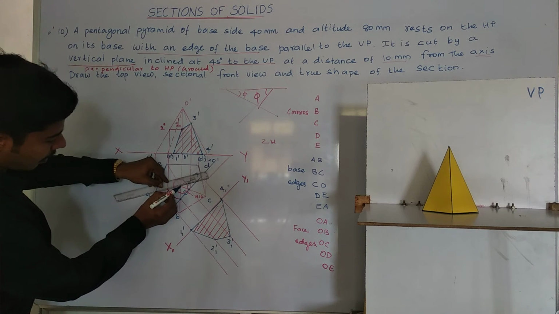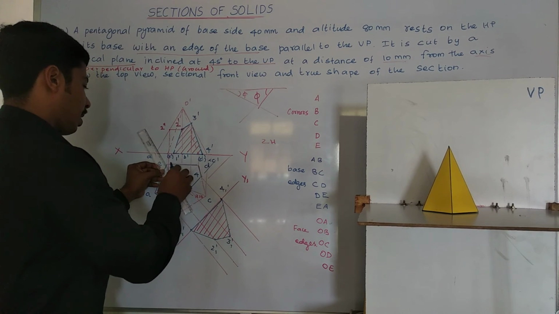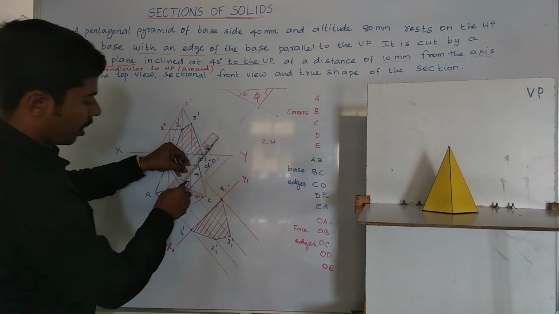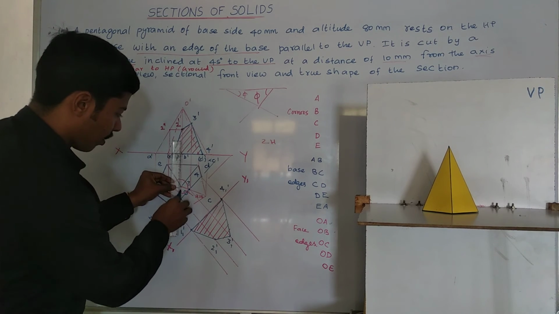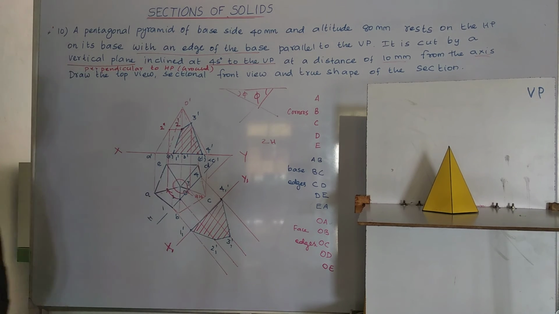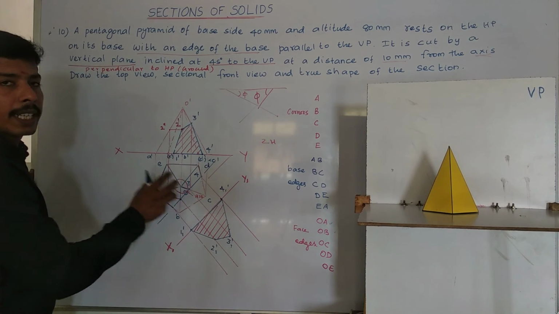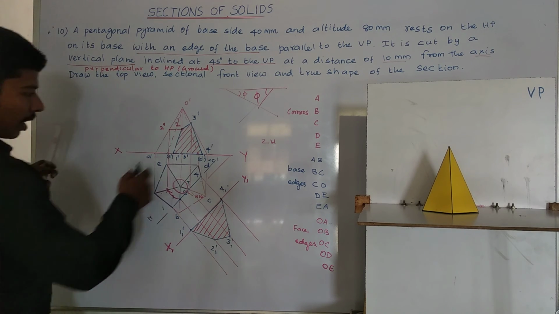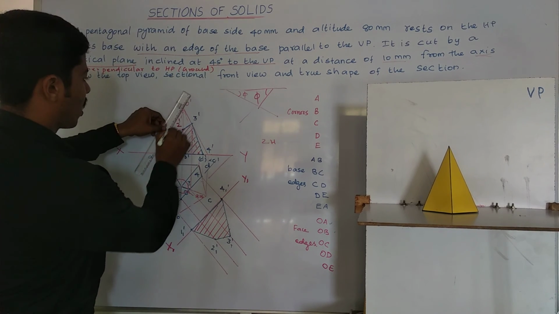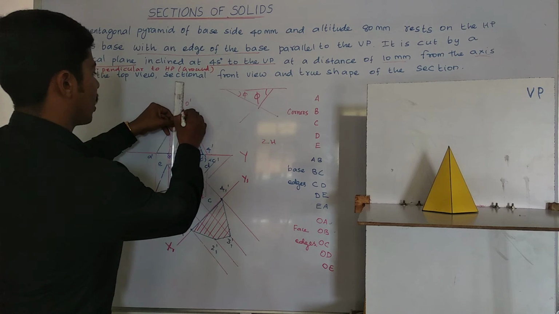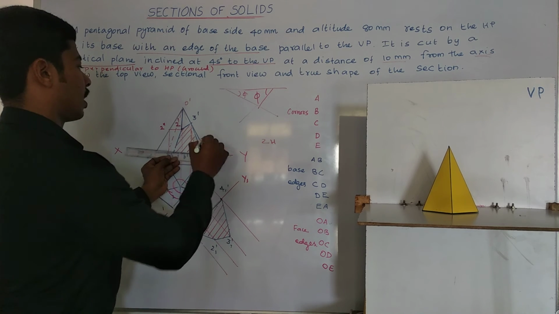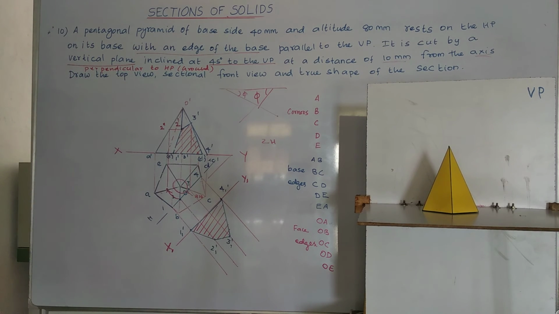Then this edge OA, OB, OC, up to this mark dark line. This only we have to mark in dark bold line. Then here also the remaining section, like this, up to this. So like this, you have to mark the dark edges.